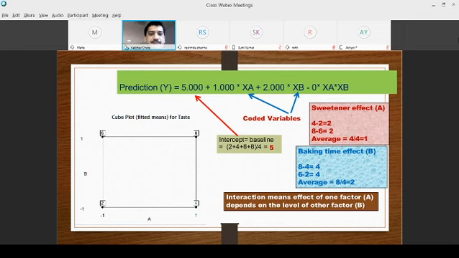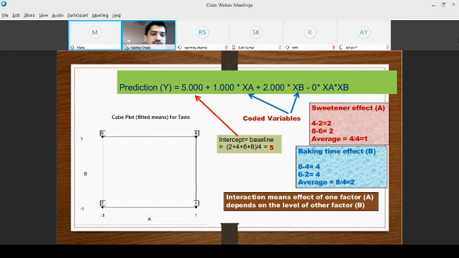However, we need to reproduce this. Whatever work we do, we need to reproduce. How are we going to reproduce? We need to develop some mathematical equations. How to develop this mathematical equation? In this particular example, I have developed one mathematical equation. This one is developed based on the cube plot and standard order table.